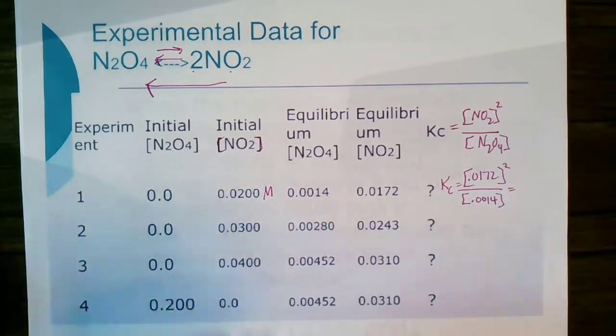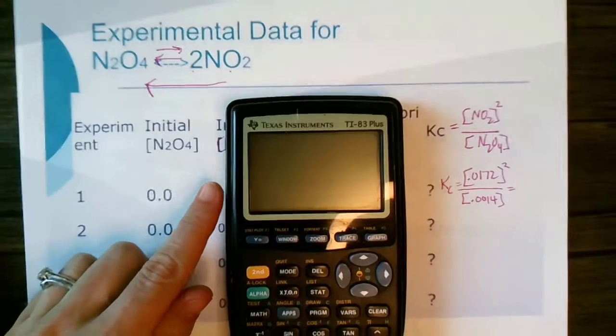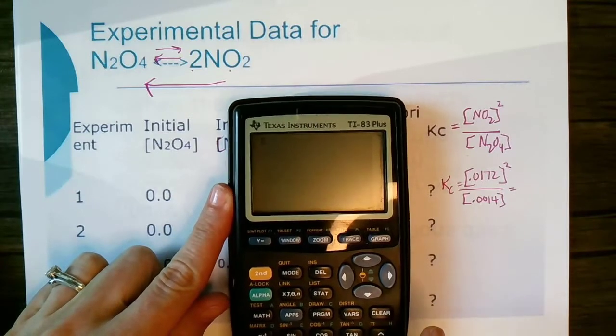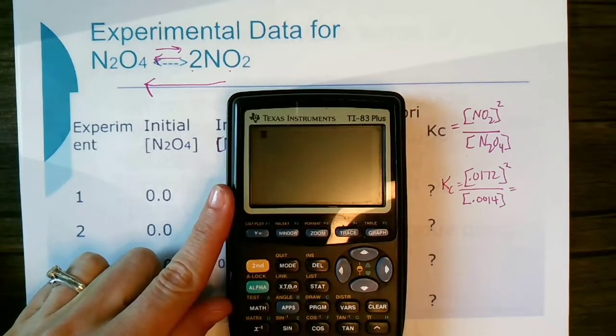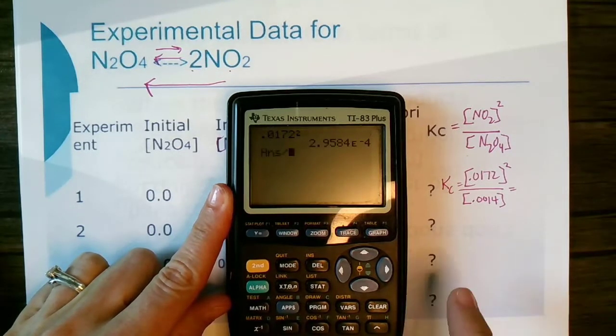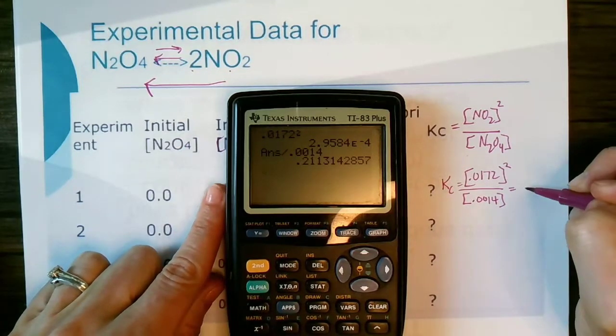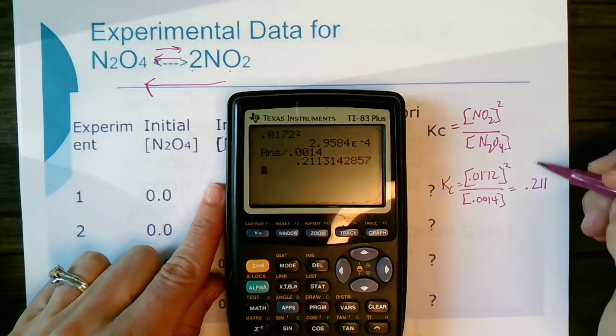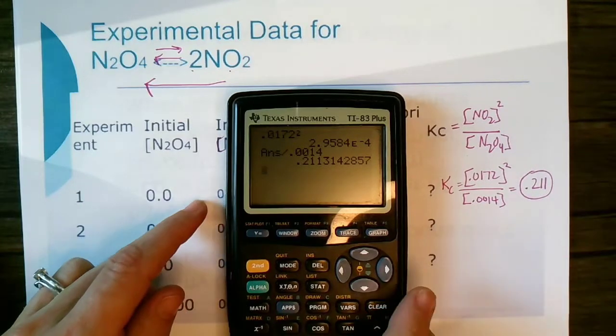Let's calculate what our equilibrium constant is. Hopefully you can see this, 0.0172. I'm going to square that. I'm going to divide it by 0.0014. And I get 0.211. Again, it's just a number, no units.